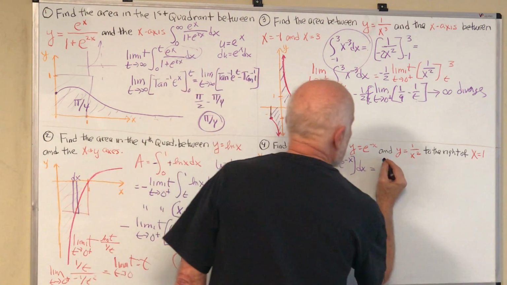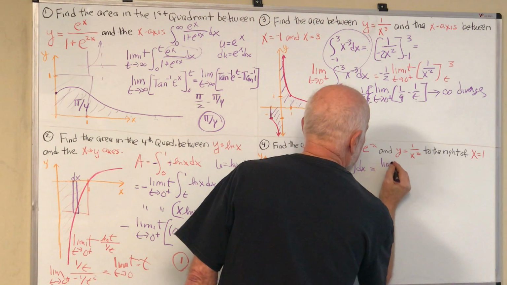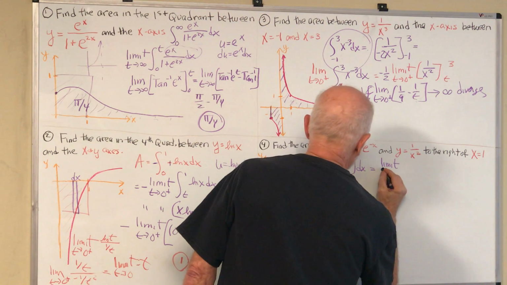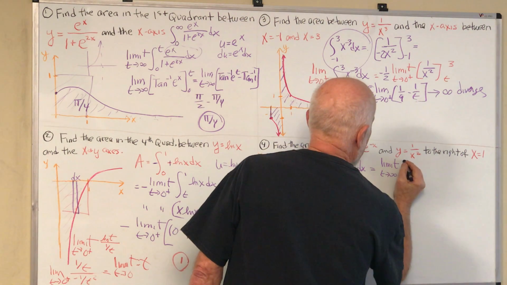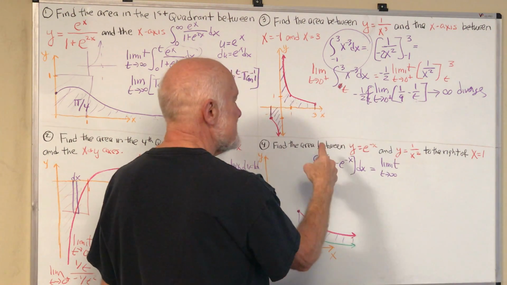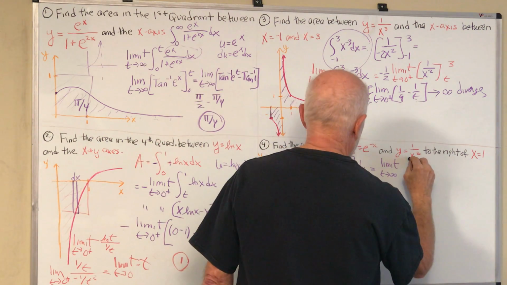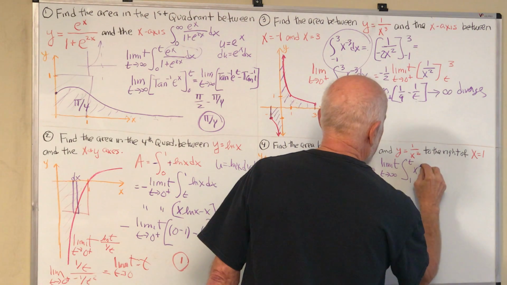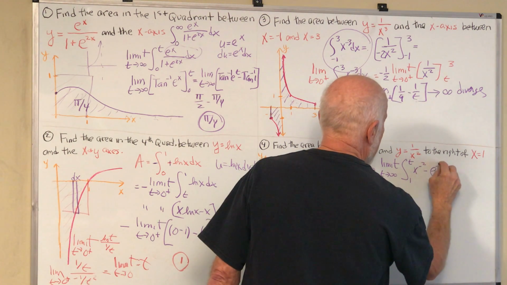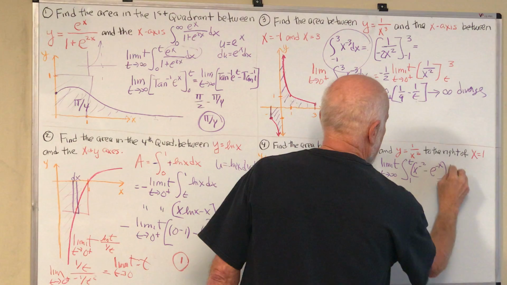So the first thing you're going to do is make it proper. You can take the limit as t approaches infinity, and you're going to take the integral from 1 to t. I'll write it right out. So you get x to the negative 2 minus e to the minus x dx.